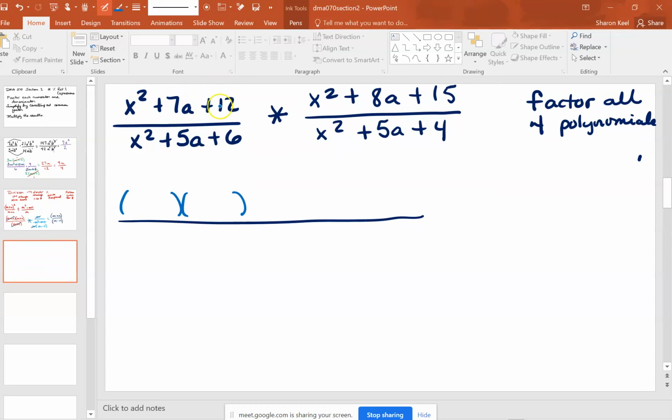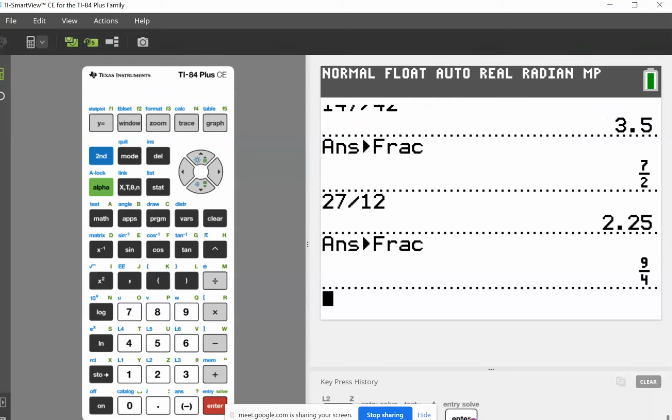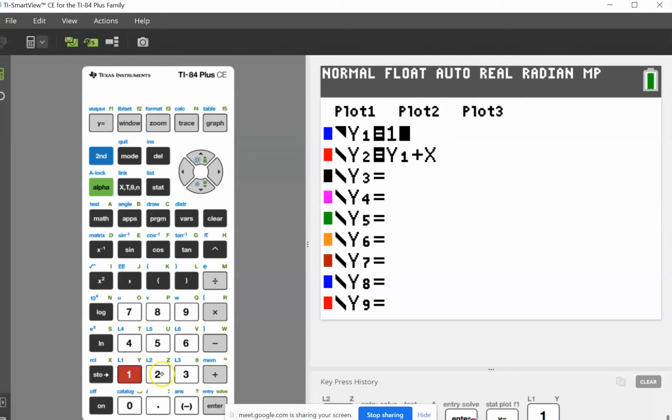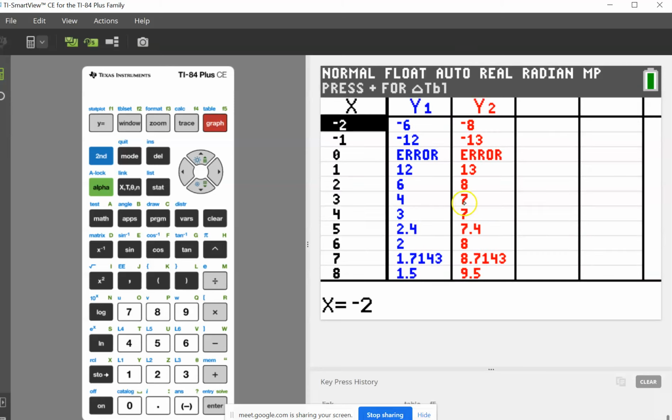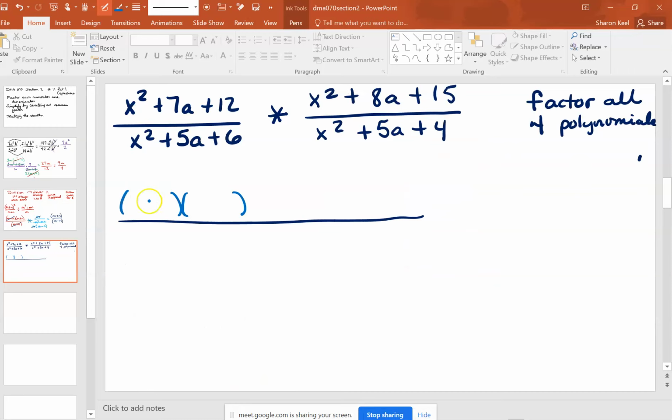We've got 1 times 12 is 12, and we're looking for 7. So if we use our calculator, we're going to do 12 divided by x, second table, our middle number is a 7, so we have a plus 3 and a plus 4. So we have an a plus 3 and an a plus 4.